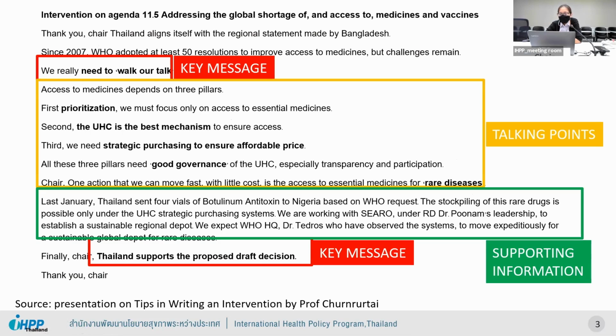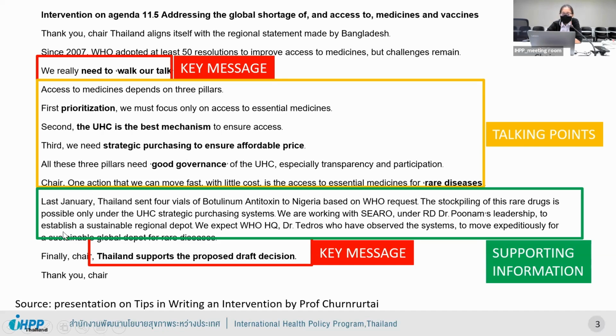For example, for this intervention, the key message is that we really need to walk our talk, and then come up with the talking points. First, prioritization. Second, USC is the best mechanism. Third, strategic purchasing. And the last one is good governance. So this is how people can understand and follow the key message, followed by the supporting information.